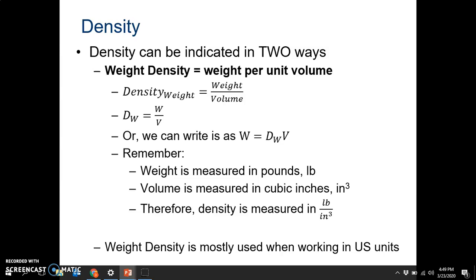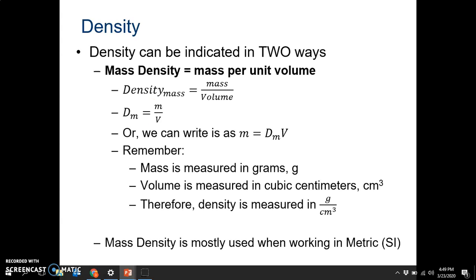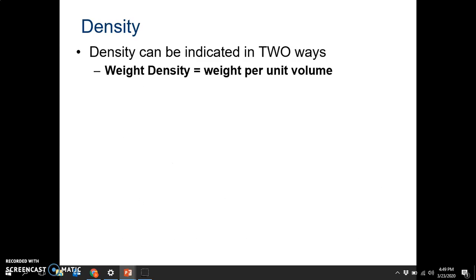Likewise, weight density is most often used when working in US. We rarely use weight density when working in metric. You could though. I could say that the weight density for metric would be newtons per centimeters cubed, and I could say that the mass density is slugs per inches cubed. You could do that. You just don't see it as often.